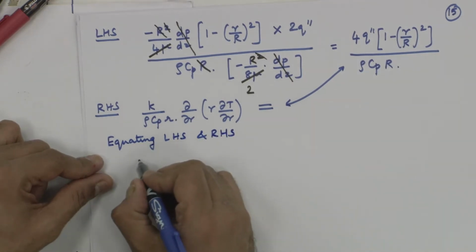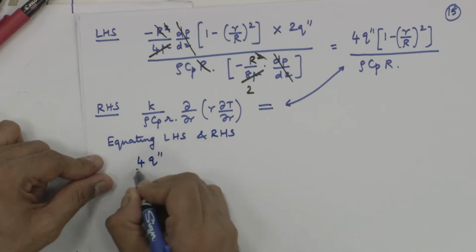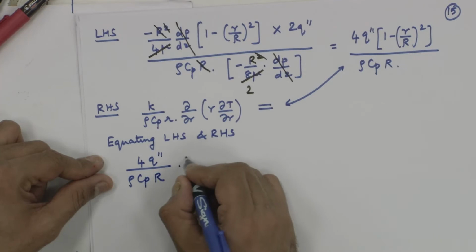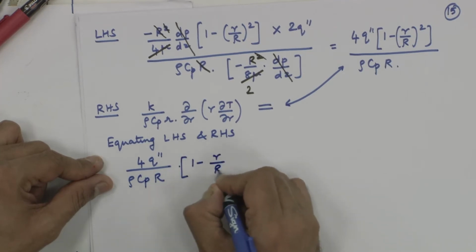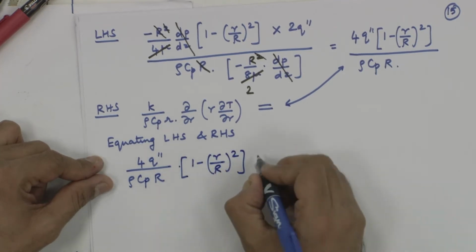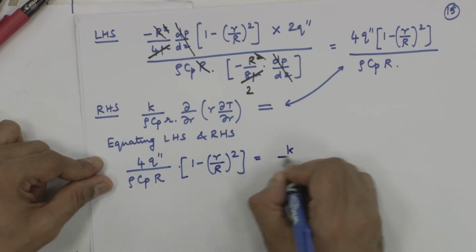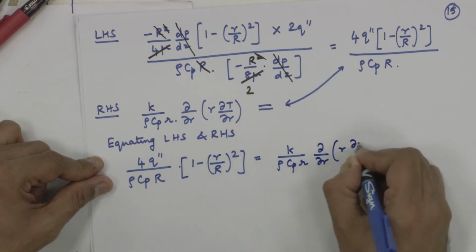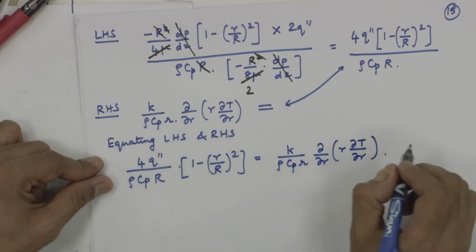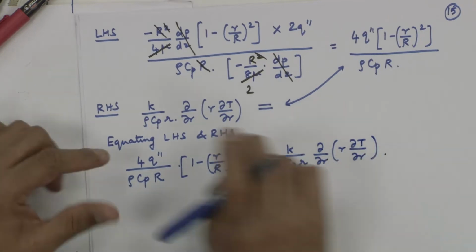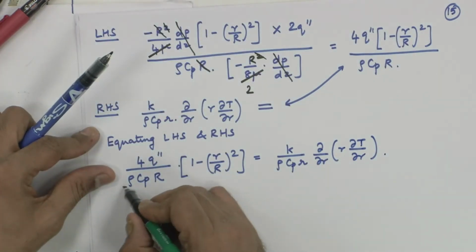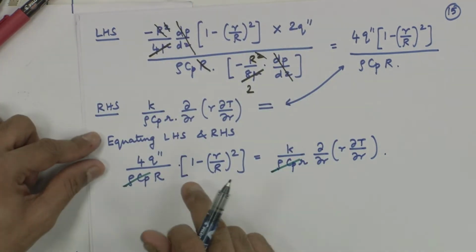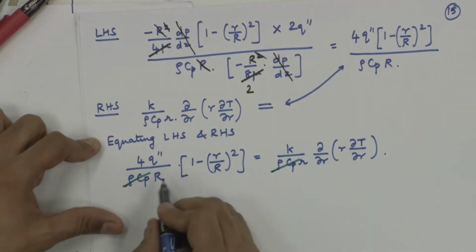I get 4 q double prime by rho Cp r into 1 minus small r by capital R whole squared is equal to k over rho Cp small r d by dr of r dT by dr. What cancels out is the following: rho Cp cancels, and r cancels.